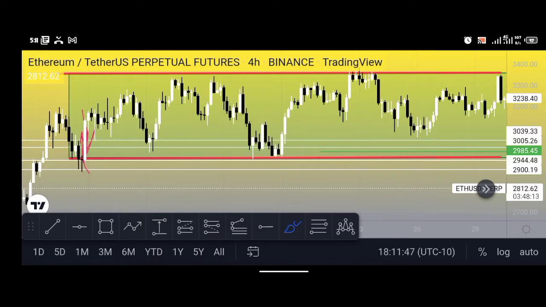You can't just look at the chart and say, this is a momentum candle, so I have to place a trade there. My teacher taught me that if I see a bullish momentum candle, I should place a trade, or if I see a bearish momentum candle, I should short the market. No, it's not like that.